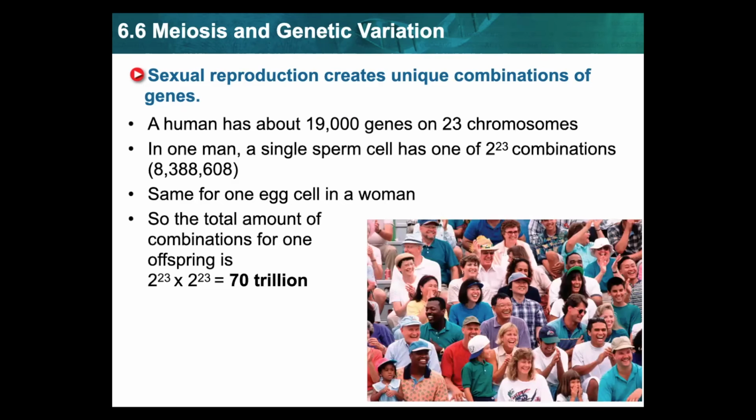What that means is that with one family, with two parents, you have 70 trillion combinations of genes for those children. So even within one family, you do have a wide range of possibilities of genes within the kids. Now, some of those genes you aren't going to notice, but you still have different genes and different 70 trillion combinations of genes you can have within the family.